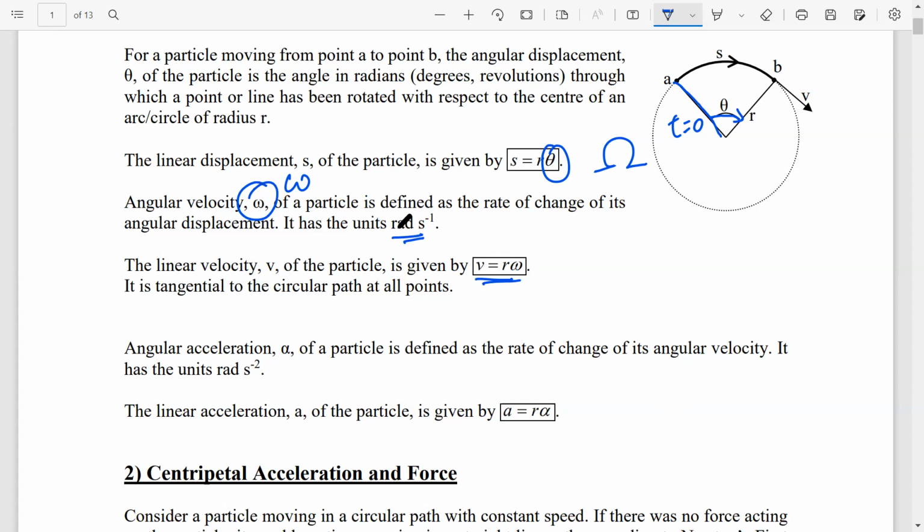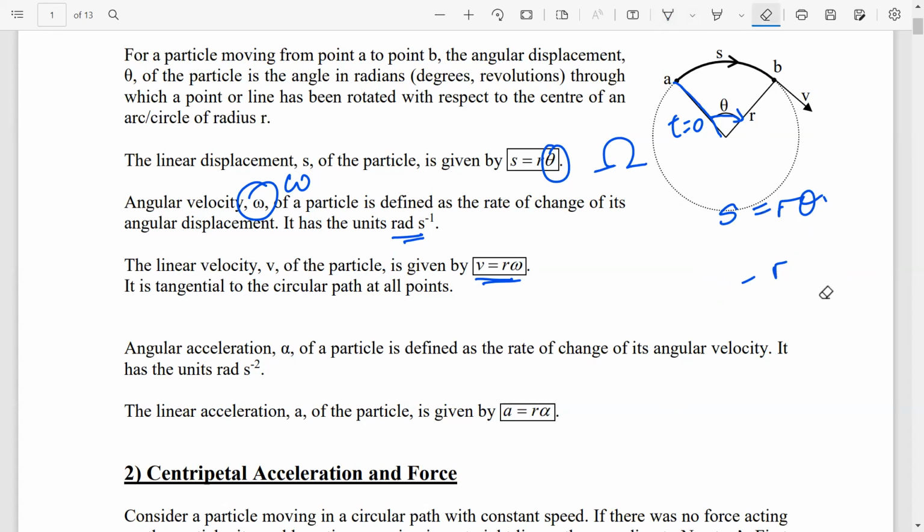Omega is known as the angular velocity, which is the rate of change of angular displacement. You all have learned differentiation, right? At least the basics. So when S equals to r theta, if I differentiate this with respect to t, r is constant for constant radius, you will get d theta dt. You all haven't learned implicit differentiation.